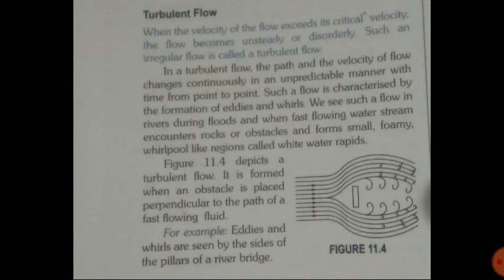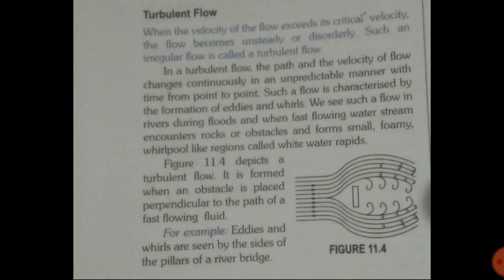If their velocity is less than critical velocity, the flow will be streamlined. If they cross the critical velocity, the flow becomes turbulent. Critical velocity is different for different fluids, but it is constant for one fluid.